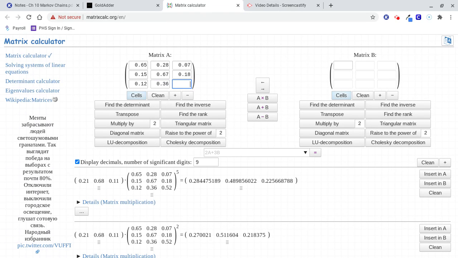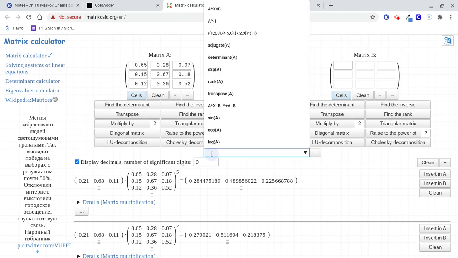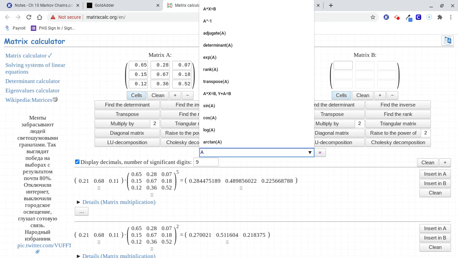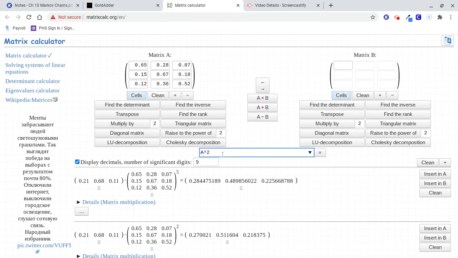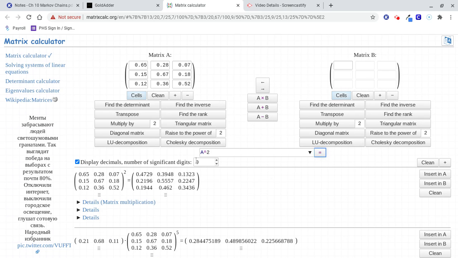If not, something is wrong. Okay, so here's the matrix. All we want to do is take that matrix, A, and square it. I bumped up the significant digits to 9 just because I know you're going to end up having a lot of decimals here at some point. But for right now, I don't need 9 sig figs. It just gives me these 4, and that's fine.